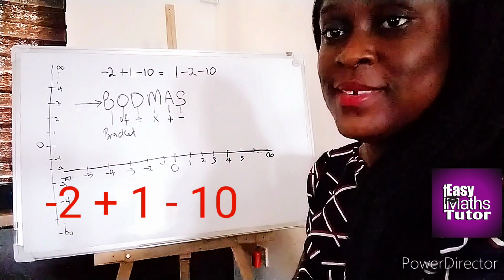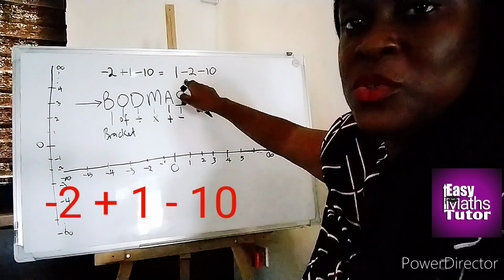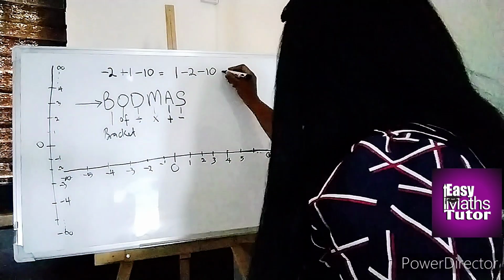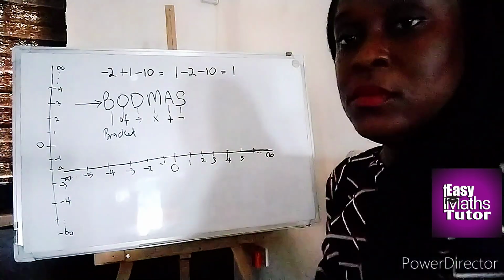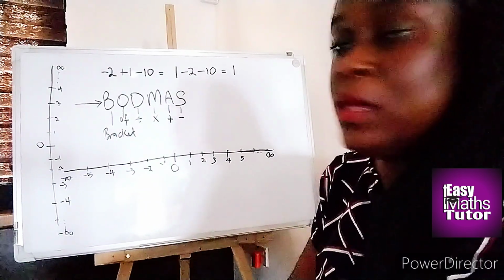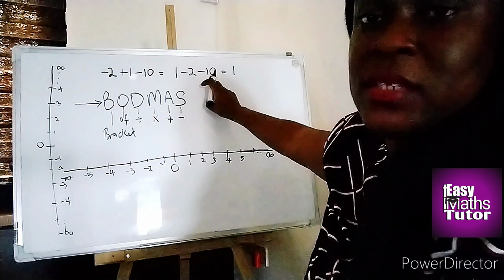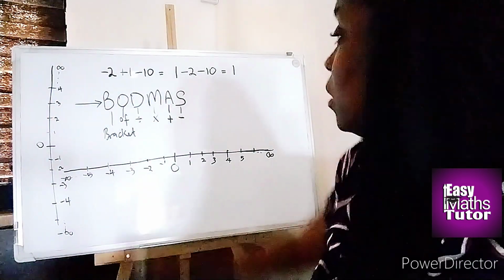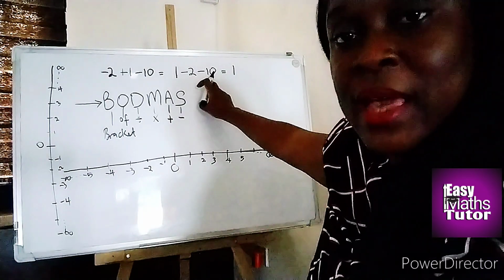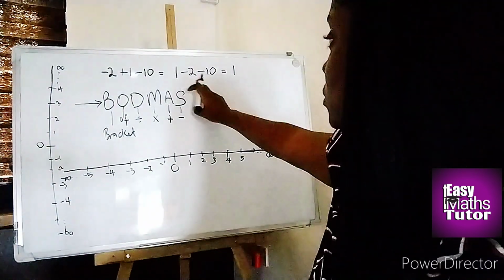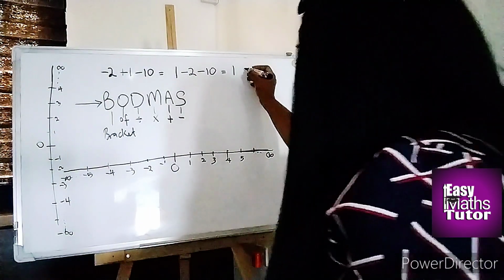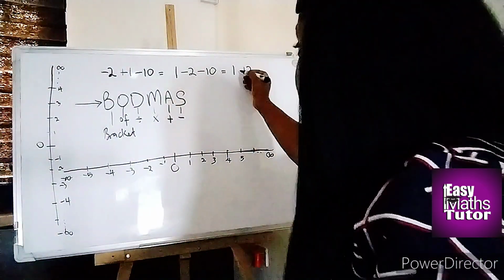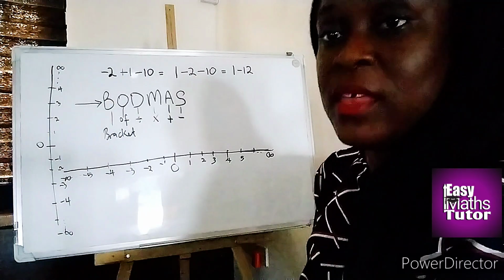So we'll keep 1, and then we'll have minus 2 minus 10. Remember what I said about subtracting negative numbers? You add them like they are positive numbers. So we'll say 2 plus 10 will give us 12. And because they're negative, there'll be a minus sign there.